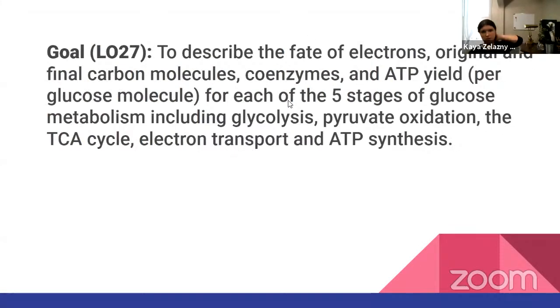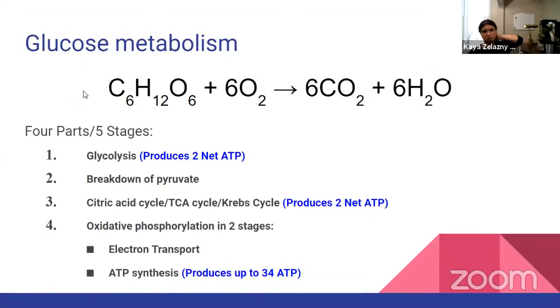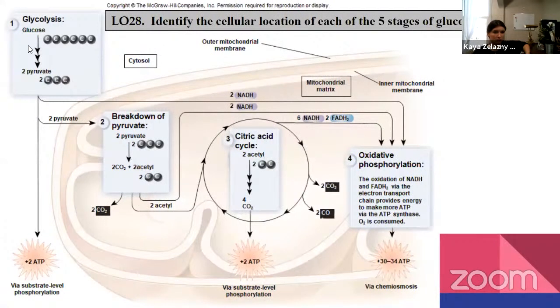Okay, so the rest of this PowerPoint is just pictures of what's happening during glycolysis, which is the first part of glucose metabolism. This is the equation for all of glucose metabolism. This is showing you where in the cell we are, because it's going to be really important for our purposes to know where we are relative to the different parts of our mitochondria.